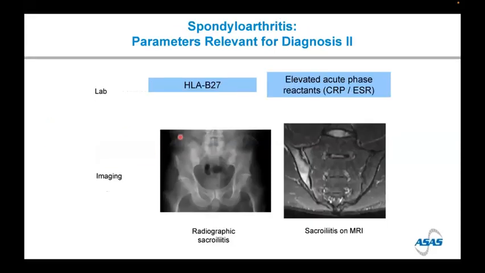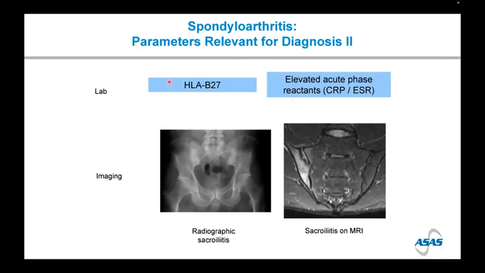Then after the history, you will take the lab and imaging. Lab is mainly HLA-B27, CRP and ESR. But CRP and ESR are both not specific and not even sensitive. It is not uncommon to find a patient with axial SpA who has normal CRP and normal ESR.